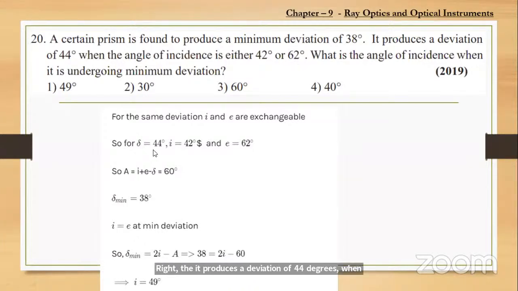That means the angle of incidence is 42, the emergence is 62. For the prism, the exterior angle equals the sum of the interior angles, that is the angle of refraction and angle of incidence added together.